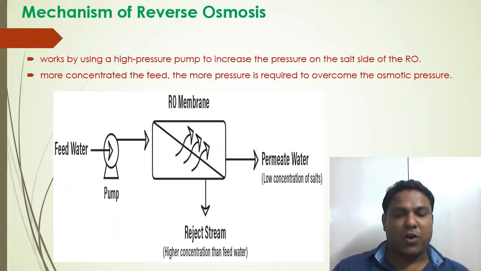The permeate or product water usually has around 95 to 99%, as said earlier, of the dissolved salts removed from it.